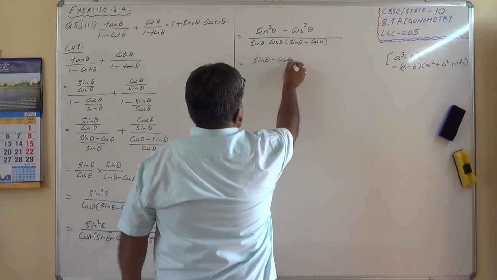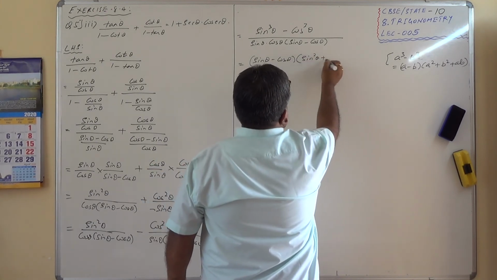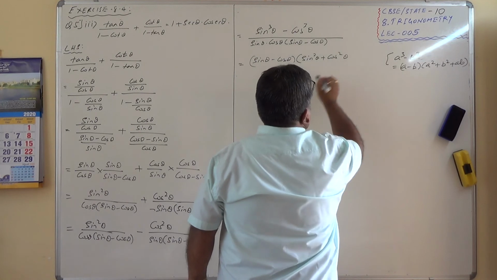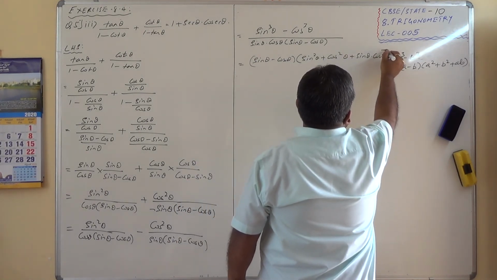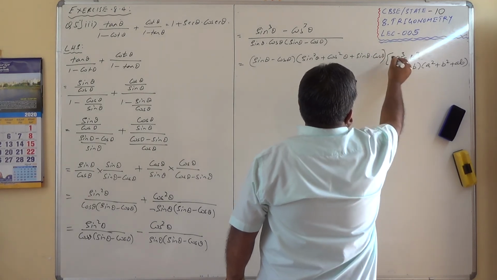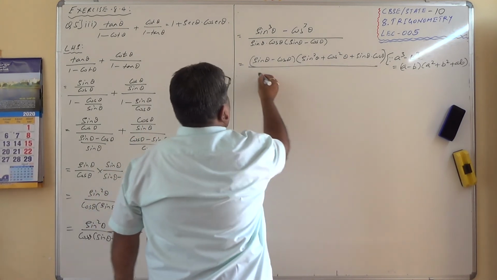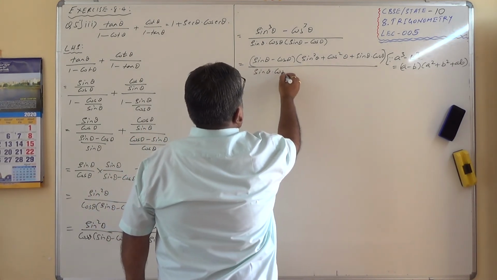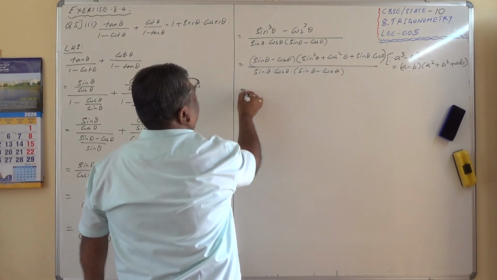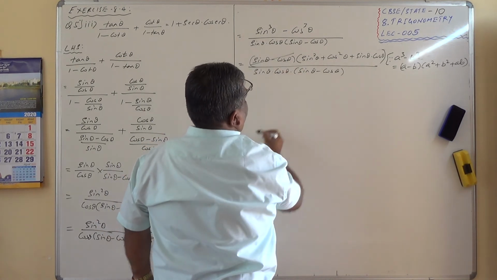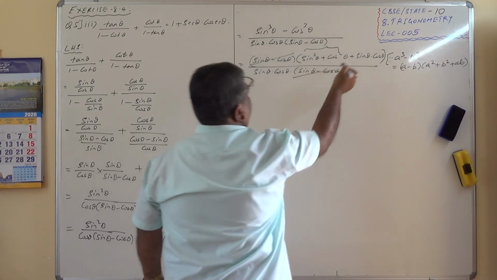Sin theta minus cos theta into bracket sin square theta plus cos square theta plus sin theta into cos theta, this is the identity used, the whole divided by sin theta into cos theta into sin theta minus cos theta, in which sin theta minus cos theta cancels, and sin square plus cos square equals 1.